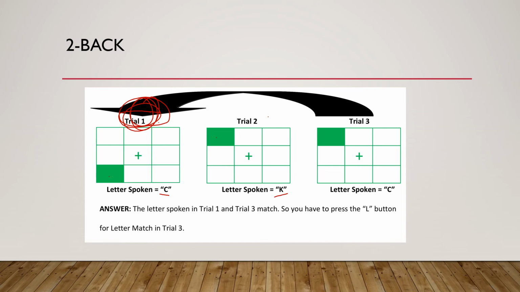And now for trial 3, the letter C is spoken. So you would press L because in trial 3, the letter matches trial 1. As you can see, the position of the green square matches trial 2. However, you will not press anything because this is 1 trial back and not 2 trials, as we have said.